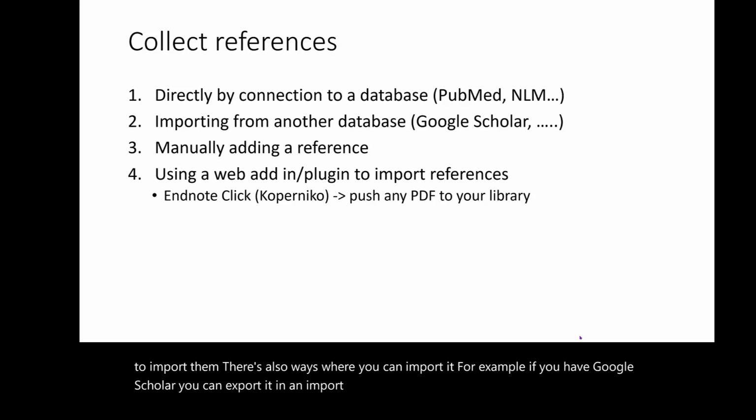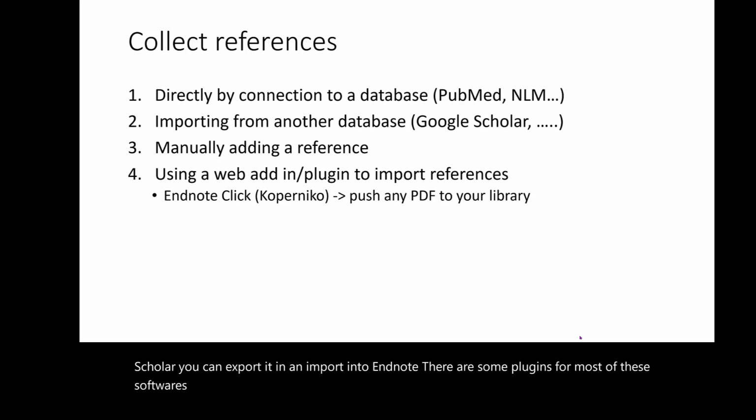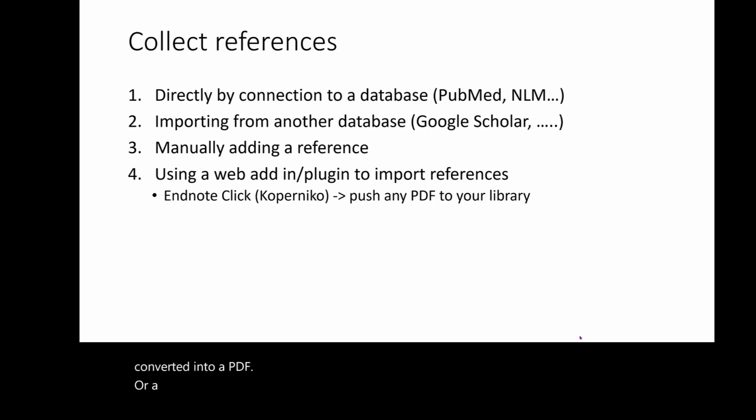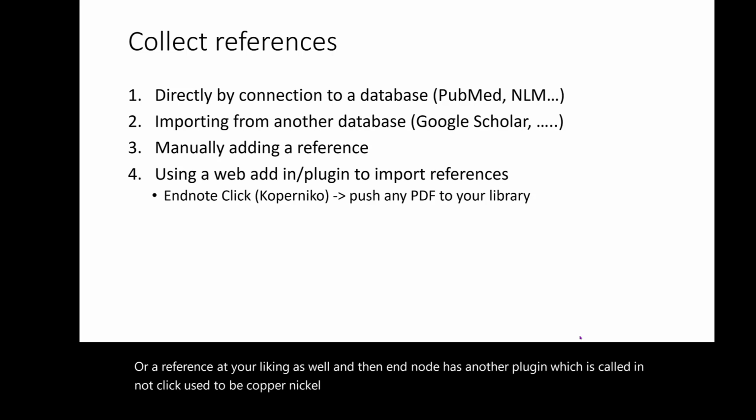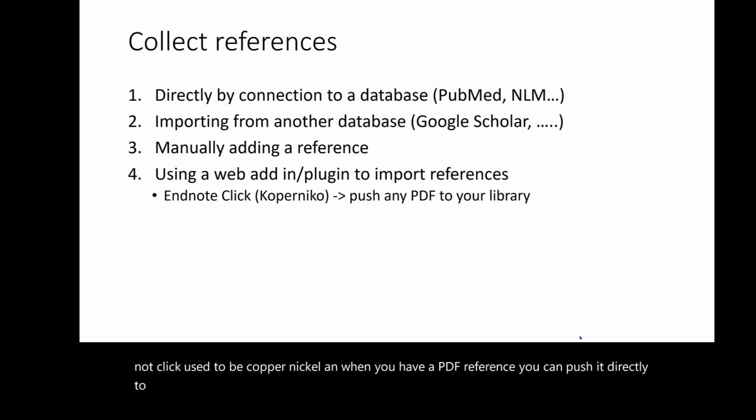There are some plugins for most of these softwares which you can add to your browser, and then everything can be converted into a PDF or a reference as you like. EndNote has another plugin called EndNote Click, which used to be Kopernio, and when you have a PDF reference, you can push it directly to your library. So lots of great resources for you to have.